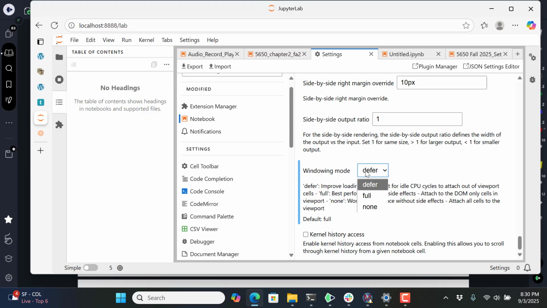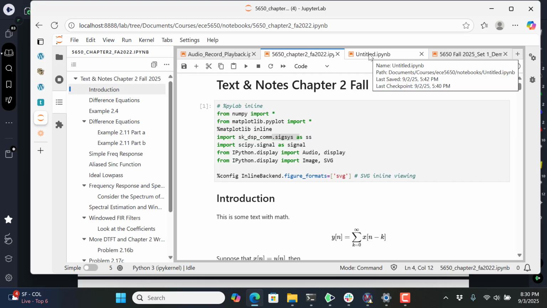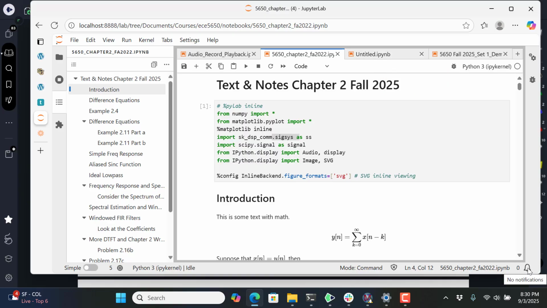It improves loading time, and it just overall works the best for me. When it says here full is best performance with side effects, I find the side effects very discouraging, so I went with defer. And all you have to do is select that, and then when you close settings, it will now be using that. And you will get notices down here that talk about whether there's upgrades to Jupyter Lab itself, and those can be put on using Conda. Someday in class I'll talk about how you can maintain your packages.